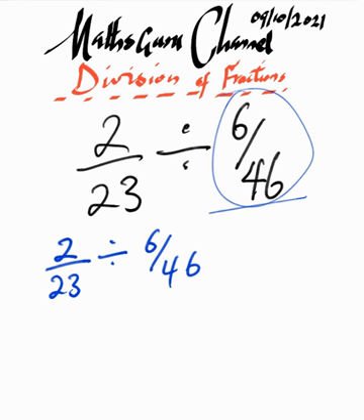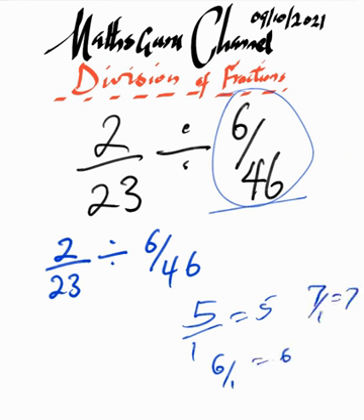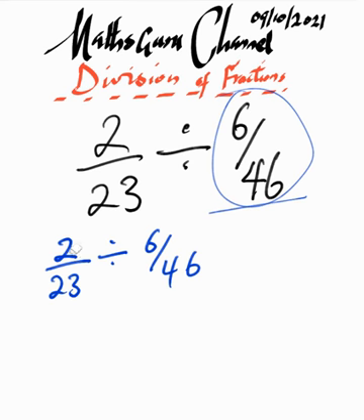So 5 over 1 equals 5, 6 over 1 equals 6, 7 over 1 equals 7. Anything over 1 is the same thing as that thing. So 2 over 23 over 1 is the same thing as 2 over 23.